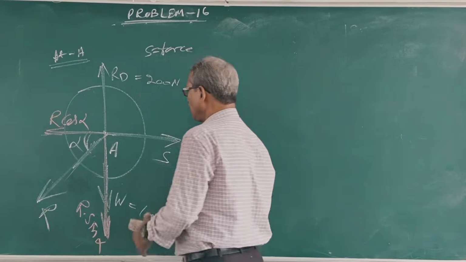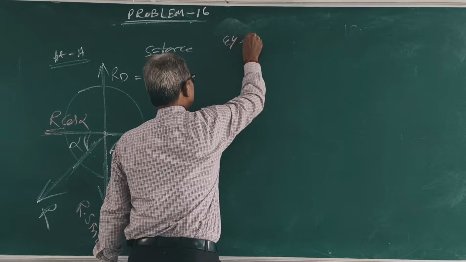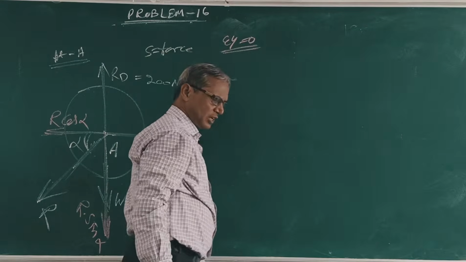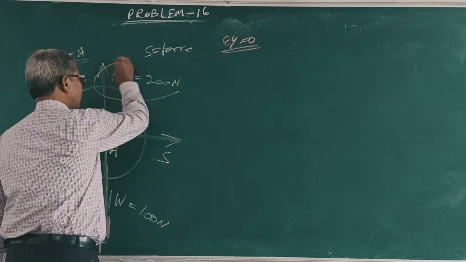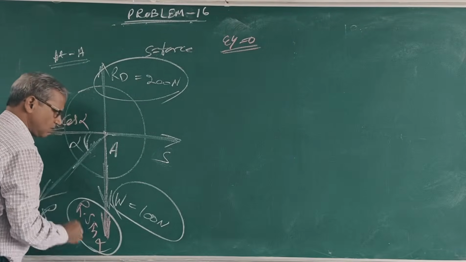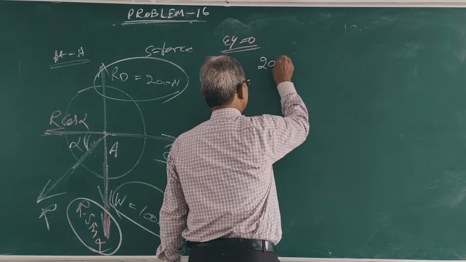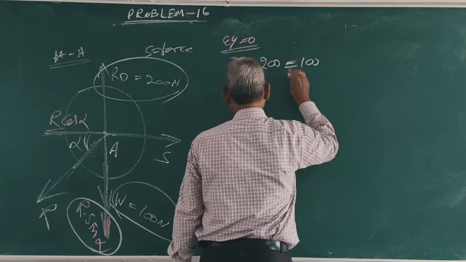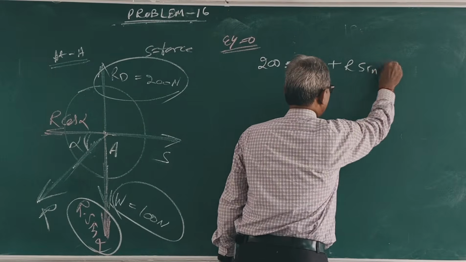So first equating y, sigma y is 0. What is RD equal to? This plus this. So 200 is equal to 100 plus R sin alpha.